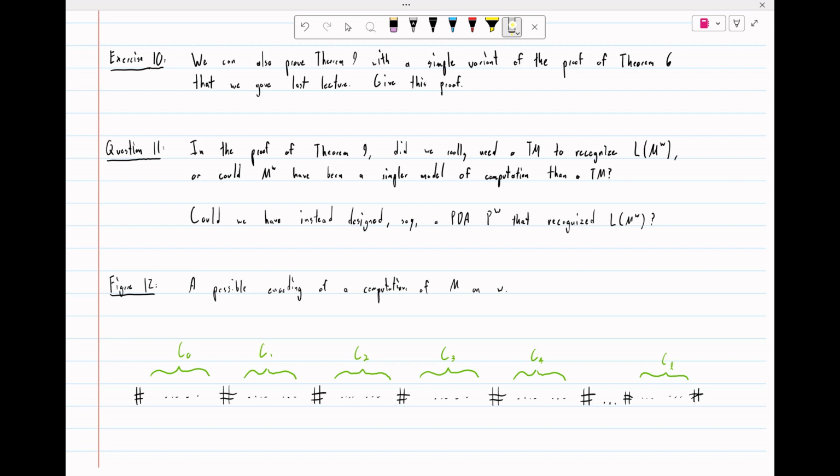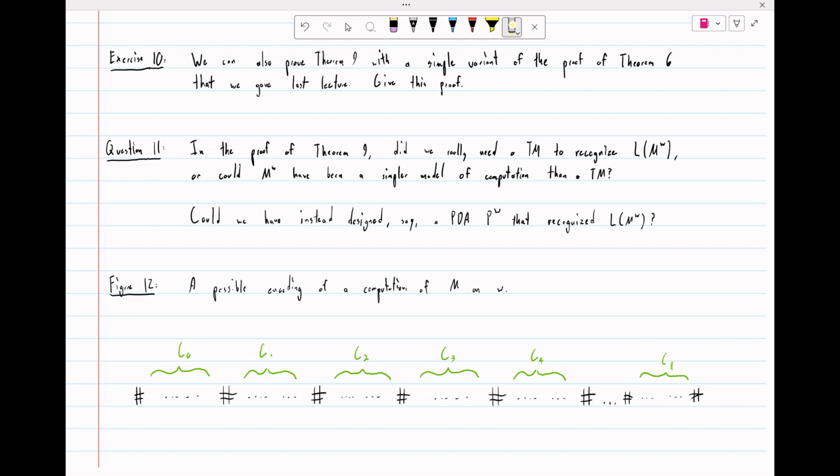If I'm a branch of computation of my PDA and I accept here, it's a little difficult. The key difficulty is what happens when I don't accept. After I check that C0 is the starting configuration, if it turns out it is, then I'm not going to accept, and I want to check whether the other things are satisfied.